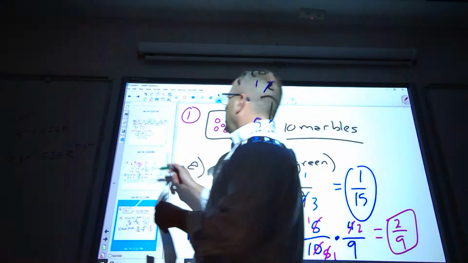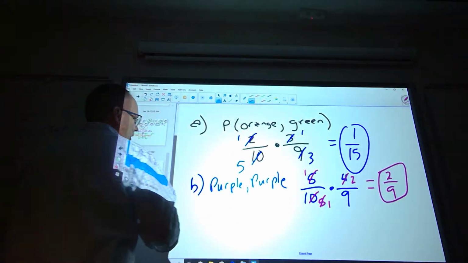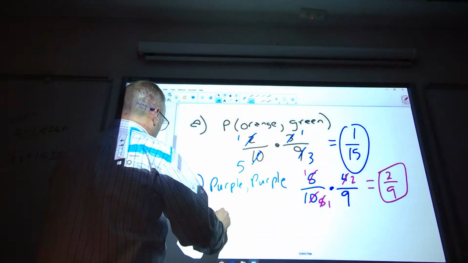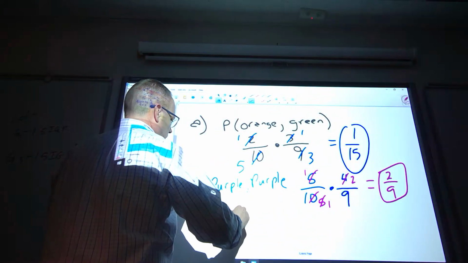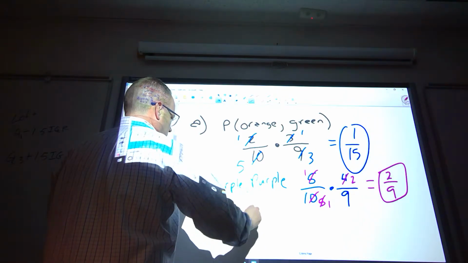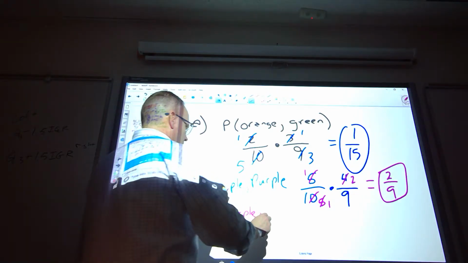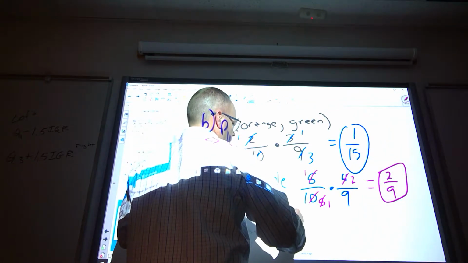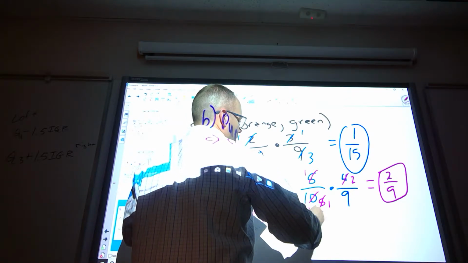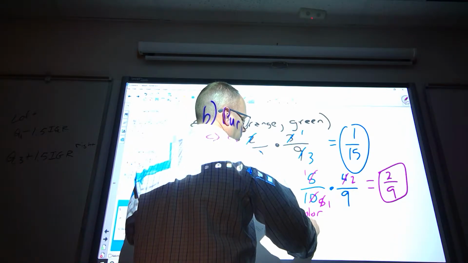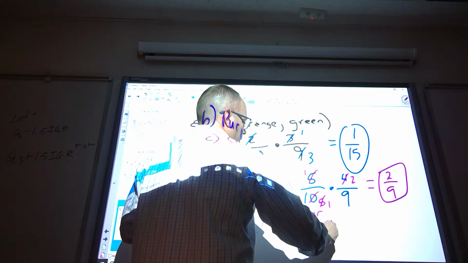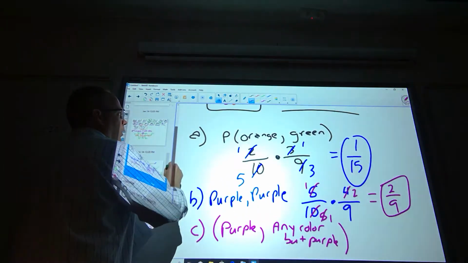And then letter C says this. What's the probability that the first is a purple and then the second is any color but? Okay, so how many purple are in my bag?